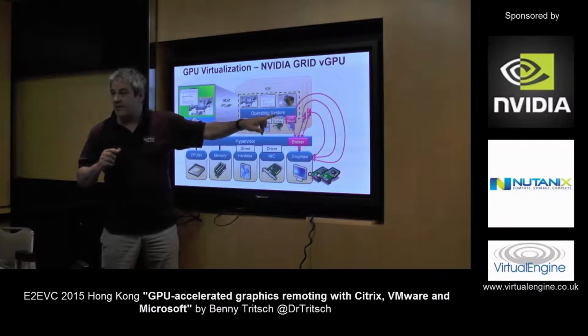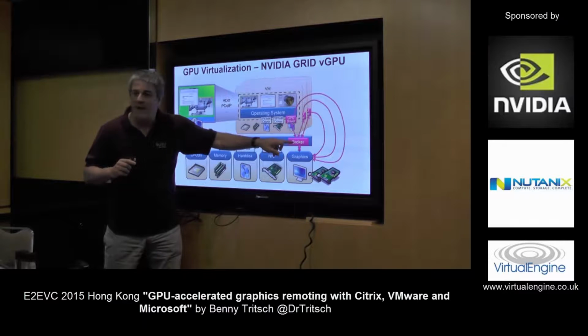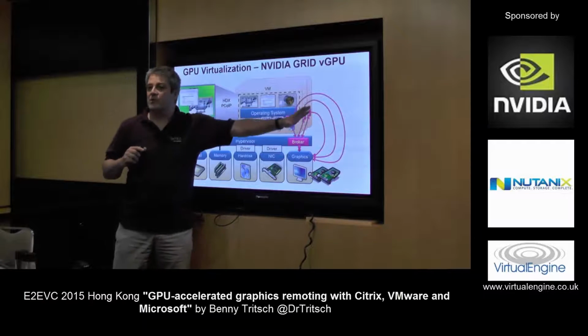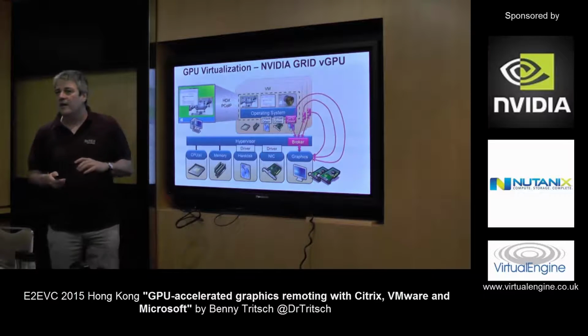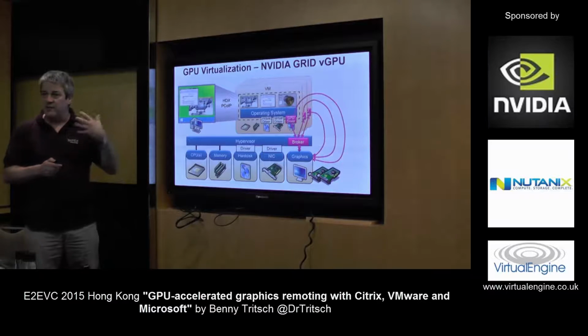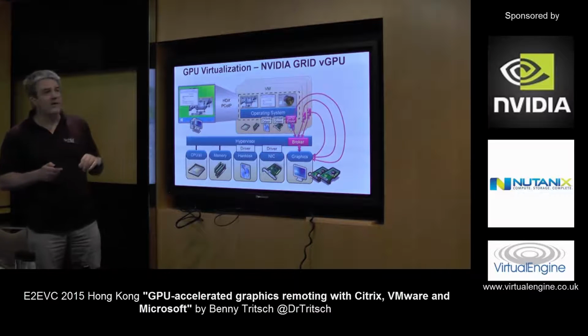No, we cannot, because the NVIDIA vGPU driver relies on knowing that there is a broker component that lives in the hypervisor that assigns the resources to each individual VM. So this is the fundamental difference between those technologies.